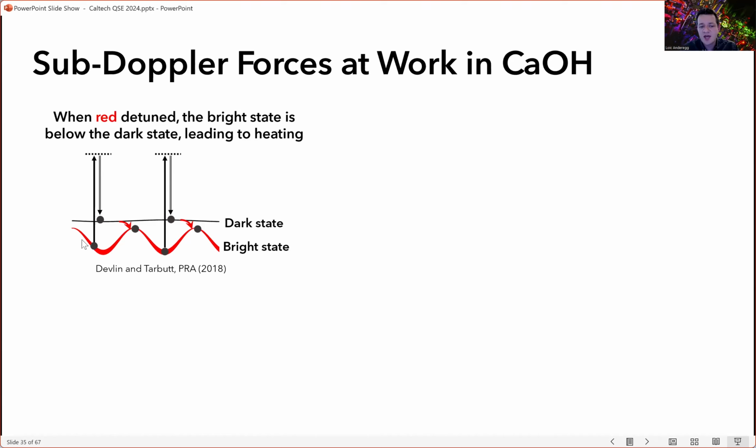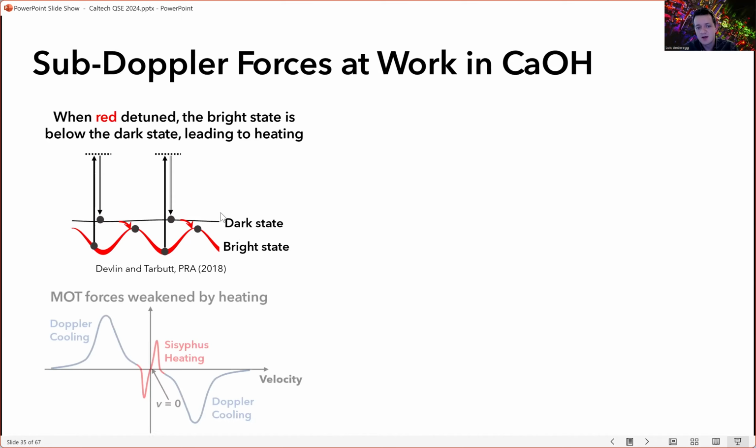And these bright states are AC Stark shifted by the cooling light we're applying. What happens is that the molecule, as it moves along, will motionally couple into this bright state and then fall down this potential hill. When it falls down the hill, it gains energy, and then it gets excited back up to this dark state. And this process repeats over and over again. So this is basically a Sisyphus-like heating mechanism.